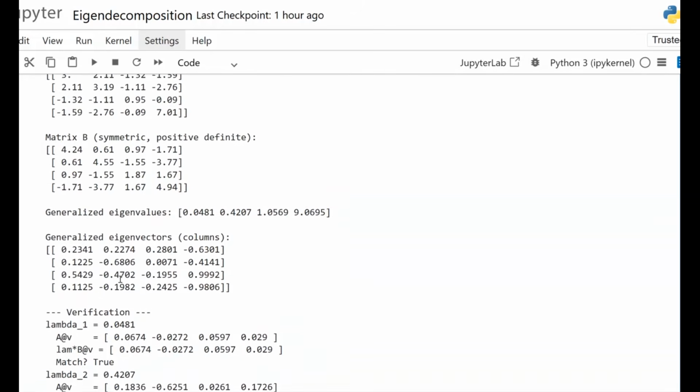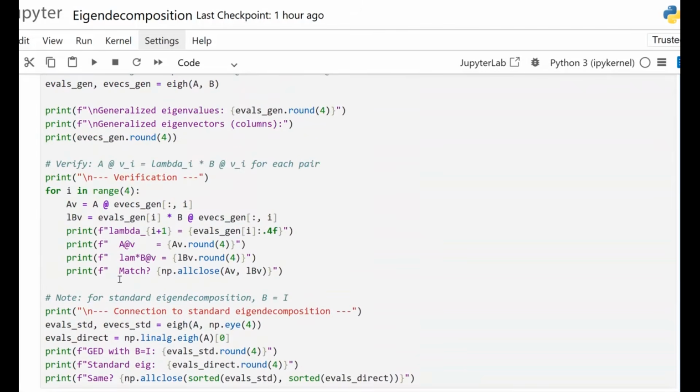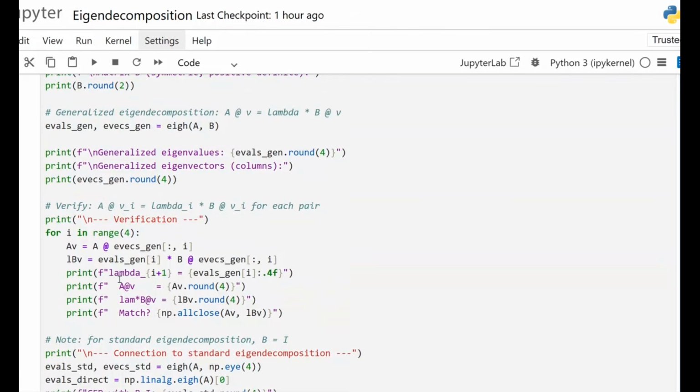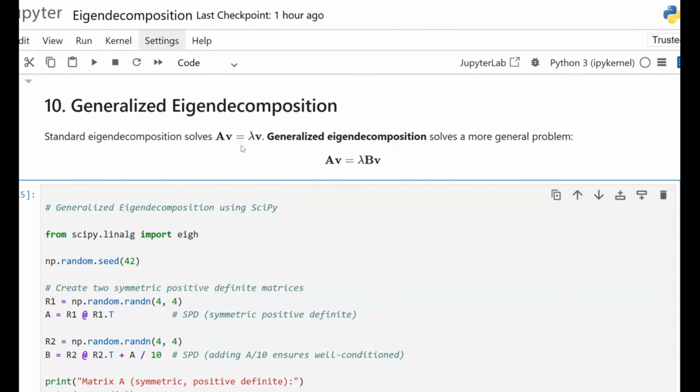And yes, dear friends, this exact code demonstrates solving the generalized eigenproblem, that is AV equal to lambda times B times V, verifying correctness numerically and showing equivalence to standard eigendecomposition when B is equal to identity. And here implicitly it uses the fact that B defines a metric. Eigenvectors are orthogonal under that metric.